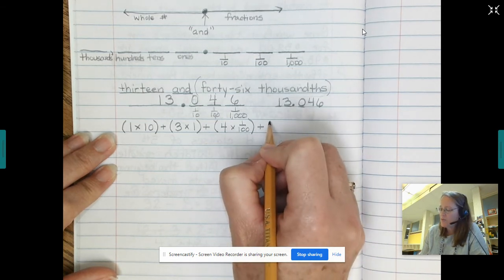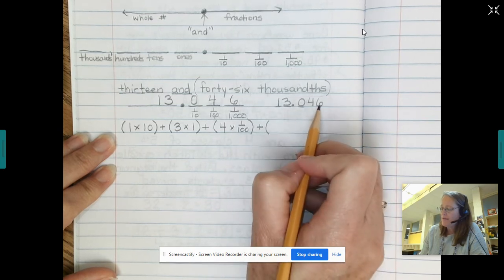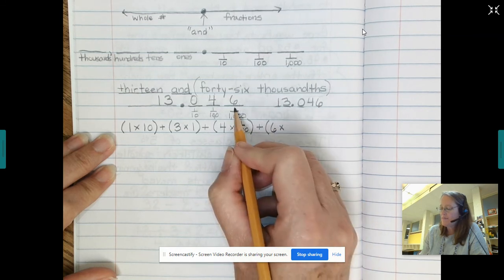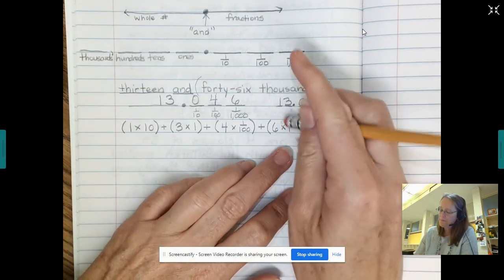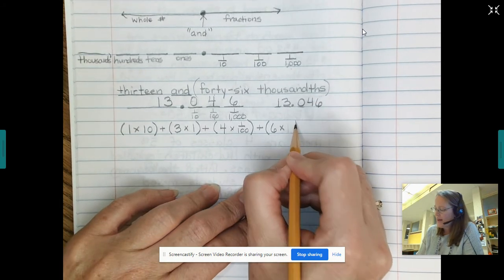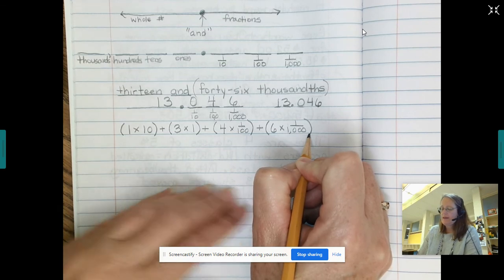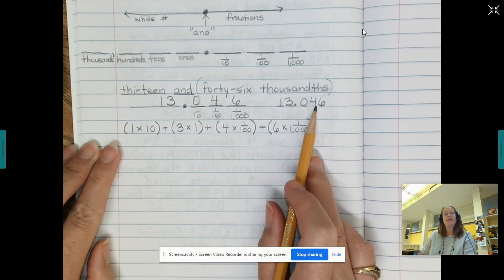Okay, and then my next digit is a 6 times the place that it's in, 1/1000th. And there is the same number in expanded form.